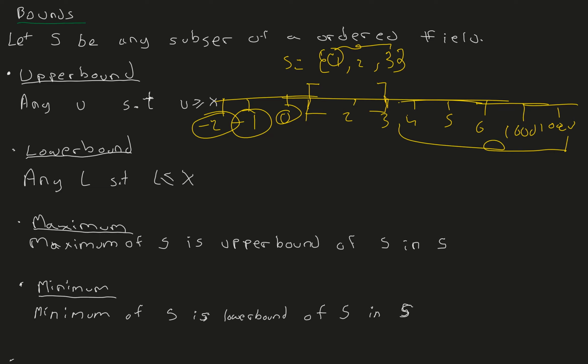So what is a maximum? Well, the maximum of a subset S is the upper bound of S which is in S. So for example, if we consider this set, the maximum of this set is the upper bound which is inside S. So in this case, the element 3 is the maximum, and the minimum similarly is a lower bound of S which is inside S. So in this case, 1 is the minimum.